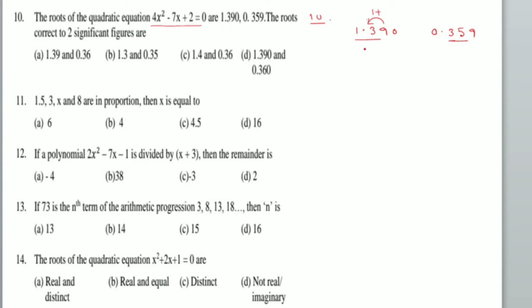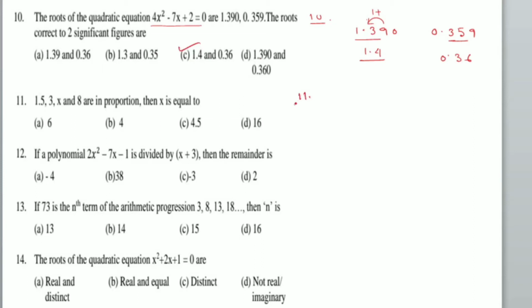So the number will be 1.4, and in this case 0.35, and after 5 the number is 9, it is also greater than 4, so we can write it as 0.36. So which option? Yes, option C will be the right answer.